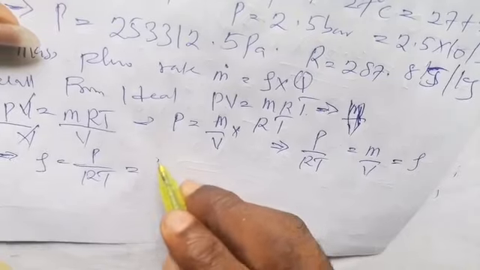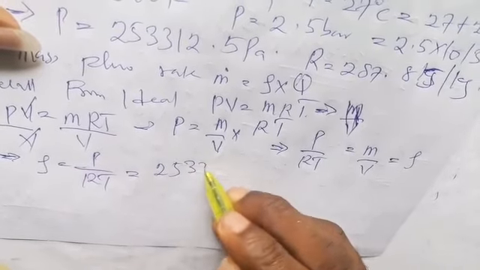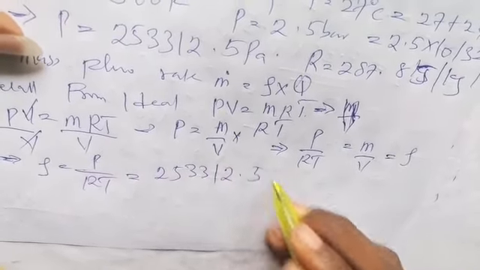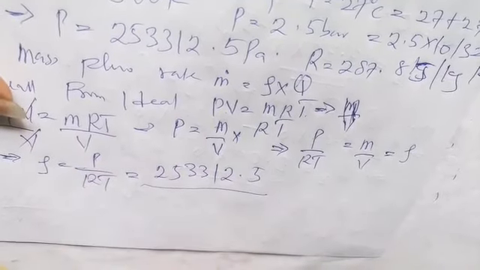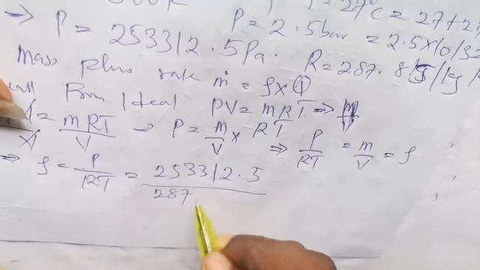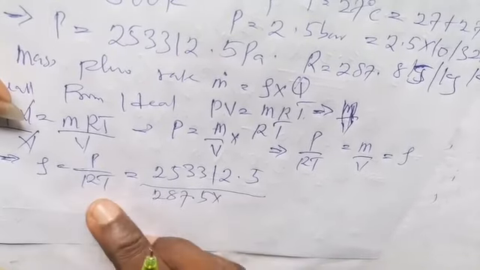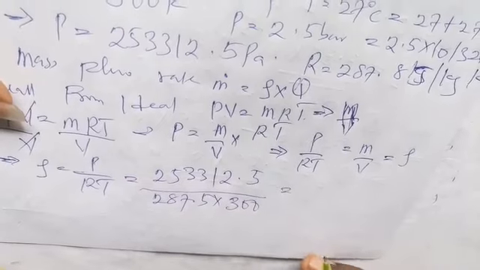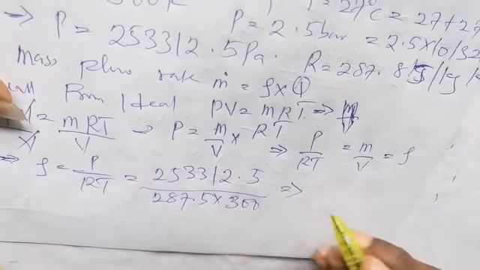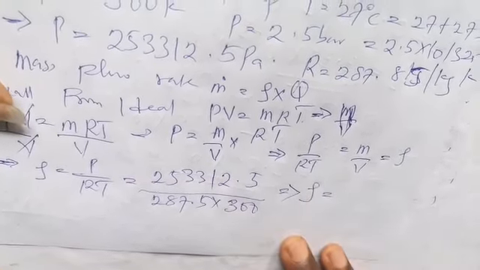I will have it to be 253,312.5 all over R, which stands for the gas constant, and R was given as 287.5, multiplied by temperature. We converted that to 300 Kelvin.